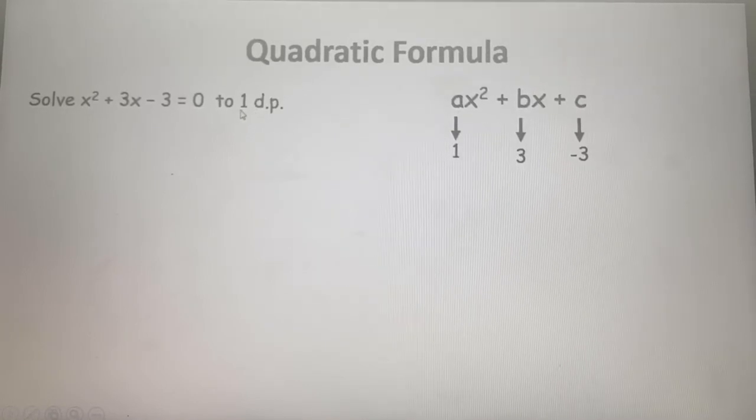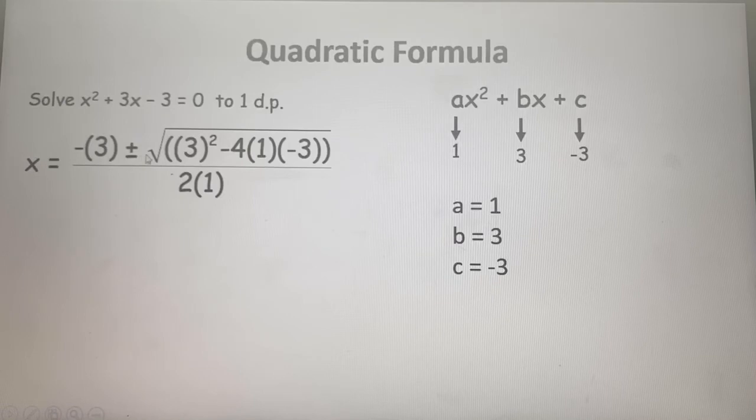Okay, so we set up our formula. Minus b plus or minus the square root of b squared minus 4ac, over 2a, and we put our values in. Now minus b means it's the opposite of the sign that's there, so that's a positive 3 there, so minus b is going to be minus 3, plus or minus a square root.